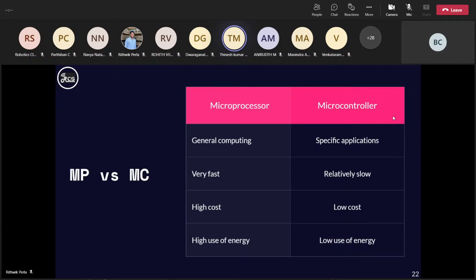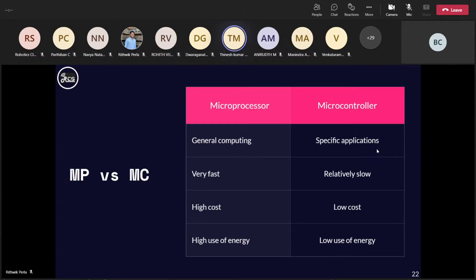The cost of production is also high for microprocessors because their production involves complex processes. There are high-end microcontrollers too, but usually the production cost is very low for microcontrollers.